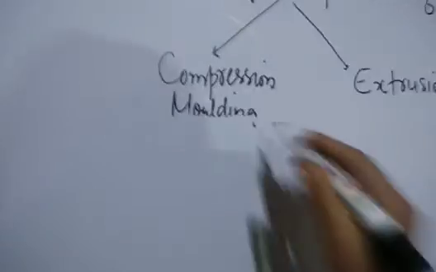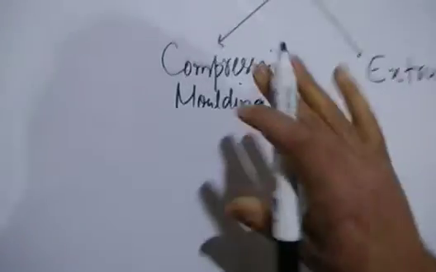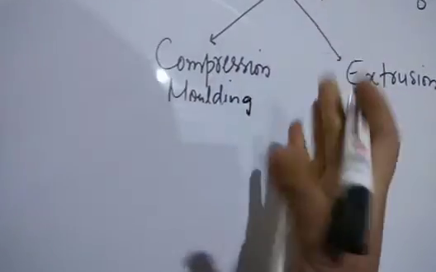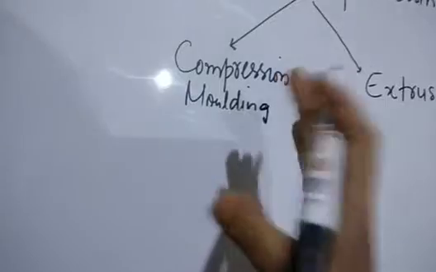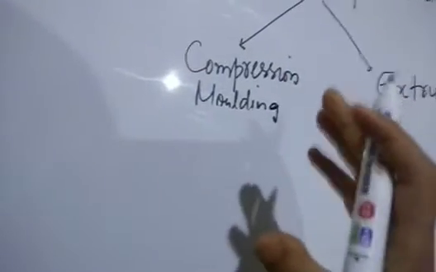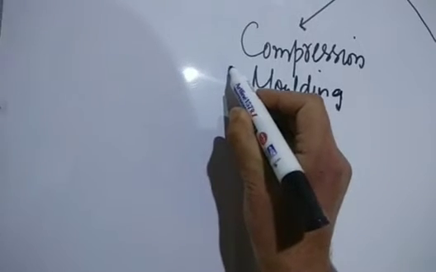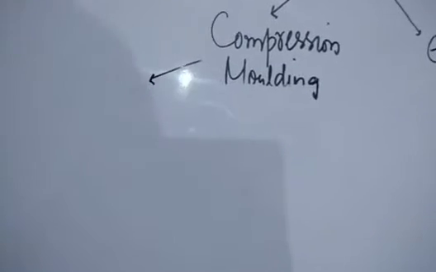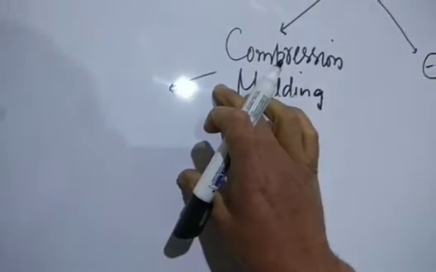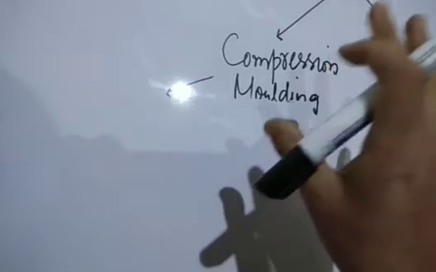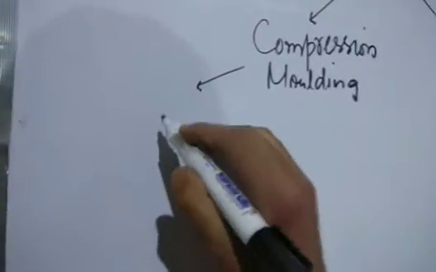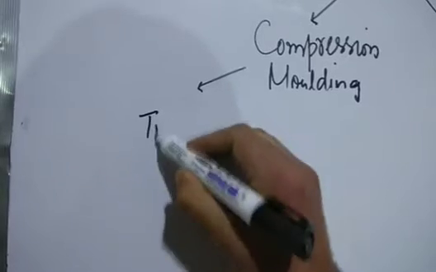So basically in this methodology, I will try to discuss both the construction of the setup as well as the approach. In this case we use compression here. What do you mean by that? Basically, the setup for compression molding usually contains two plates.